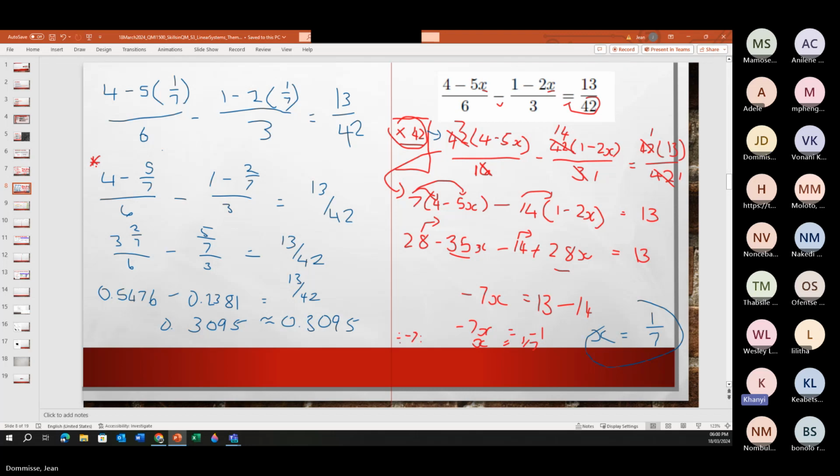Because I see on the second step where you dropped down, you're minusing the 4, the 5/7.